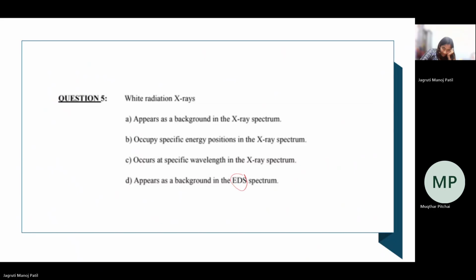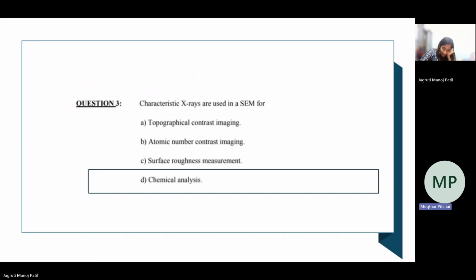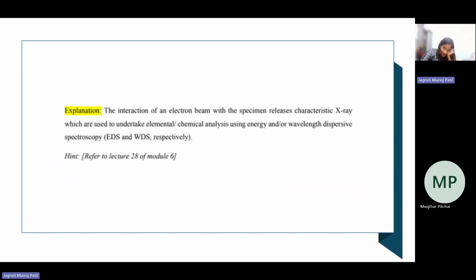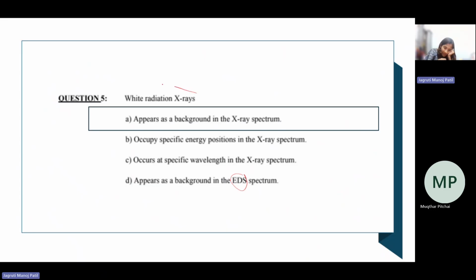First of all, there are two different radiations in X-rays, white rays and the black rays. One is characteristic X-rays, which give you information about the chemical analysis, coming from the innermost shell. The second is the white radiation, which occupies the background in the spectrum.